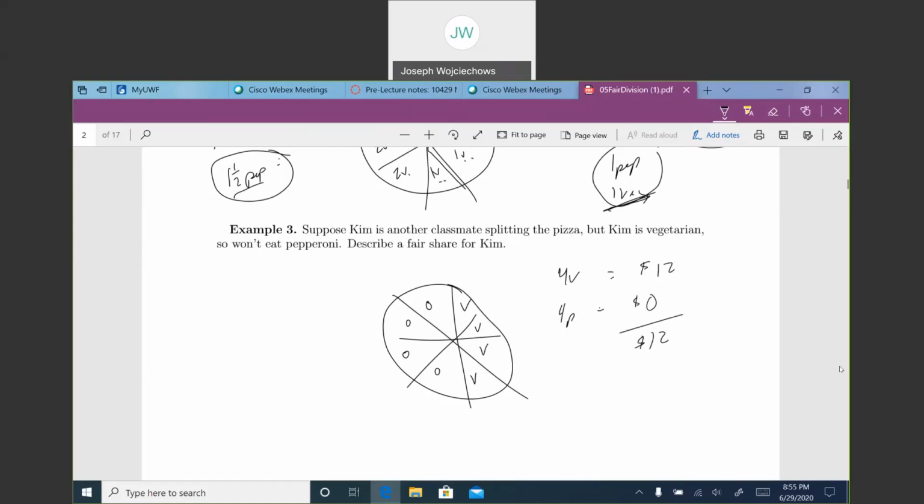So 3 of these veggie slices would equal $3, and that would be a fair share to her. I doubt any others are going to complain, because it's more for them. I guess there would also be 4 pepperoni and 1 veggie, but there's no way that's happening.